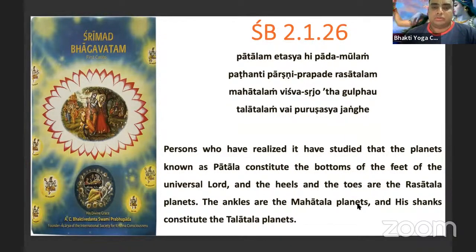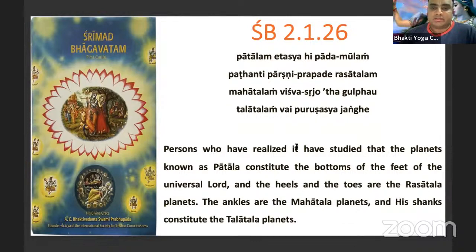So this is just to refresh the overview of how these planetary systems have been described earlier. In the second canto, first chapter, Shukadev Goswami is explaining to Parikshit Maharaj.